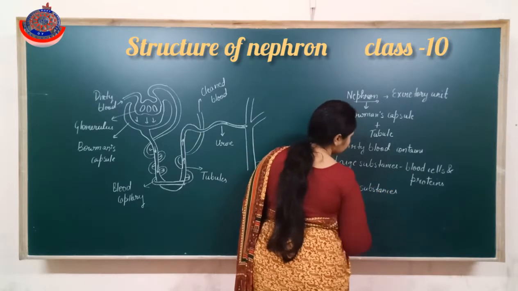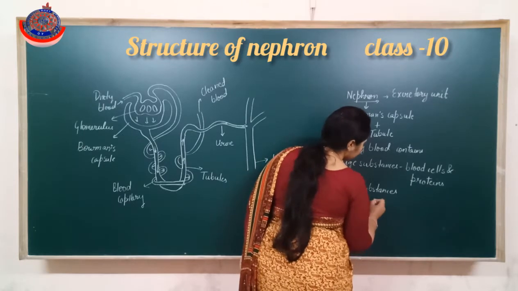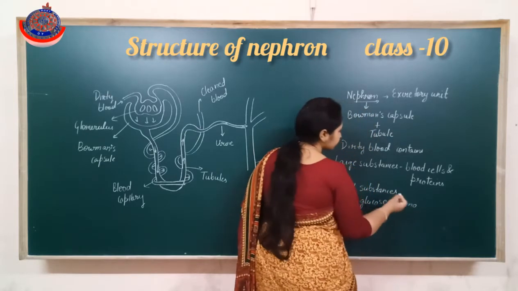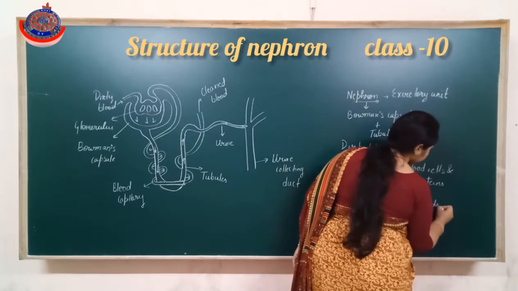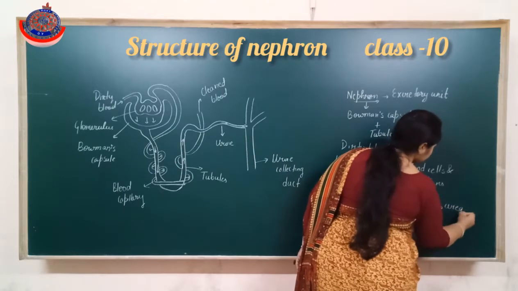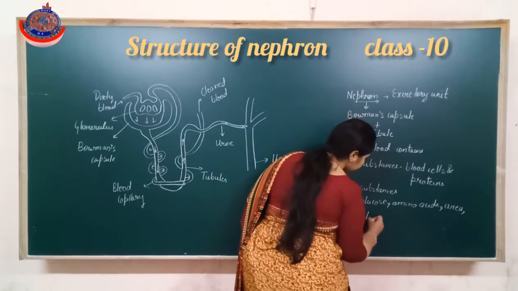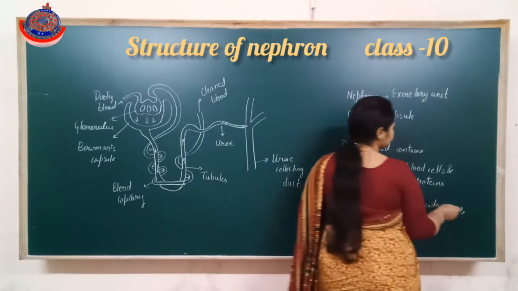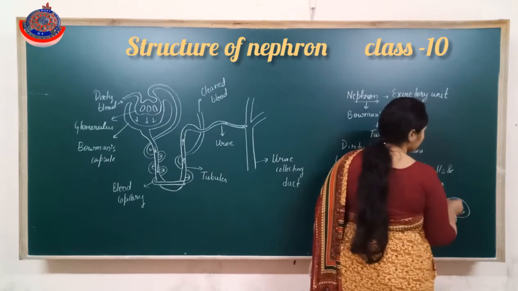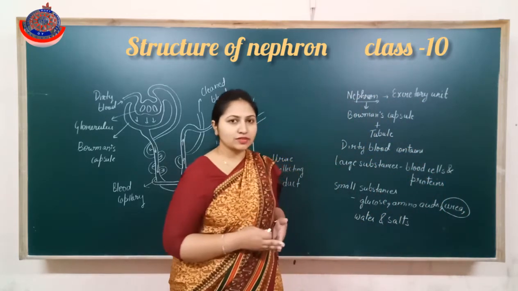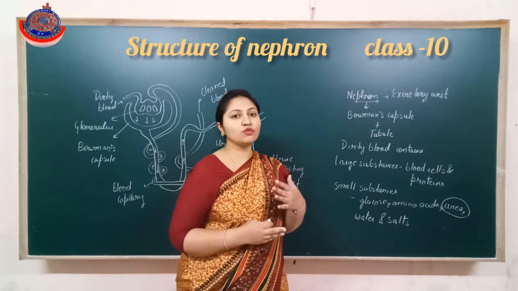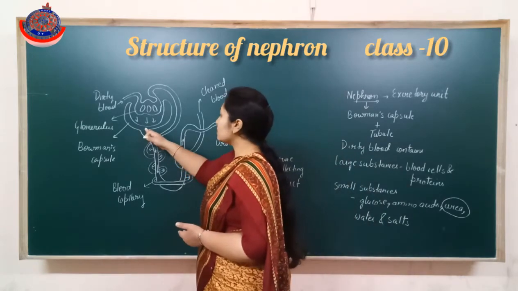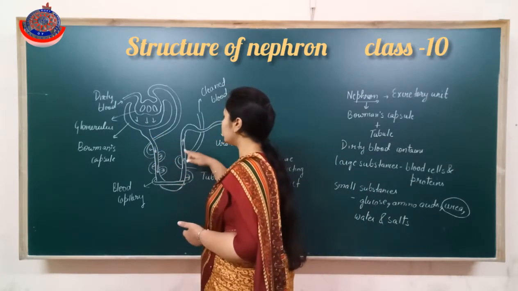So what are the small substances? The small substances are glucose, amino acids, urea, water and salts. And out of these substances, urea is the nitrogenous toxic substance which should be removed from the body.